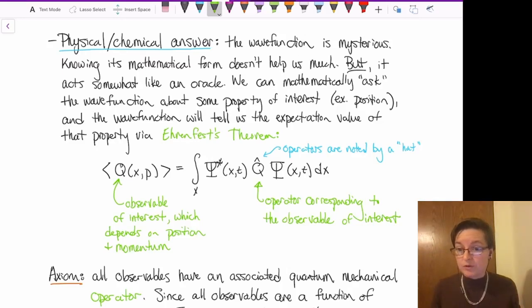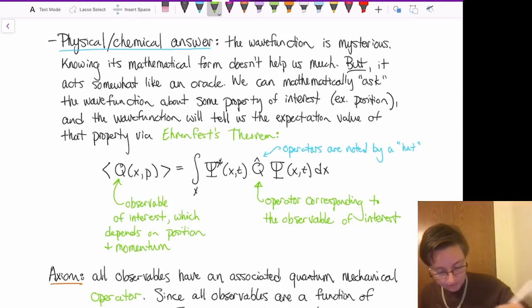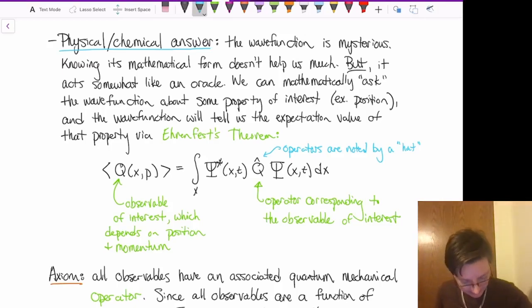So the observable Q could be the position x, it could be momentum p, but it could also be the average kinetic energy of the particle, or the average deviation of the particle from its mean. All of these things are possible values of Q, and Ehrenfest's Theorem takes care of all of them. And you'll remember, hopefully from our first lecture, that the reason we know on the left-hand side that we're talking about an expectation value is because these angle brackets showed up.